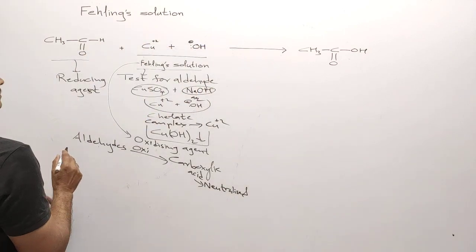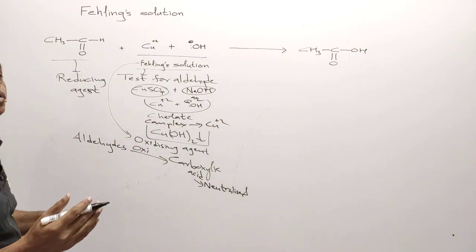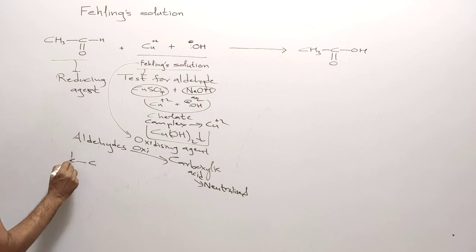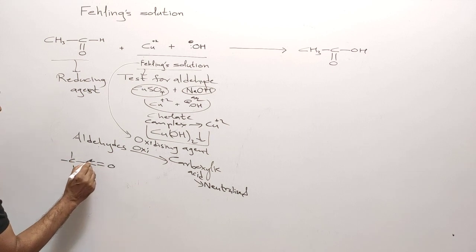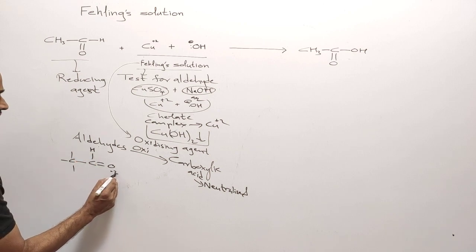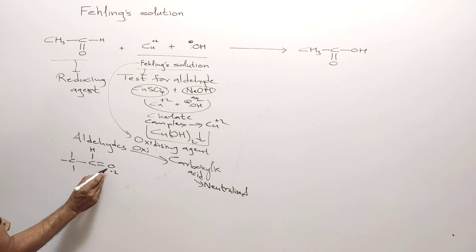Isn't it? You can confirm that through oxidation number also. Aldehydic, let me write the skeleton. Since the oxidation number of oxygen is -2, on this carbon, due to oxygen, the charge will be +2.